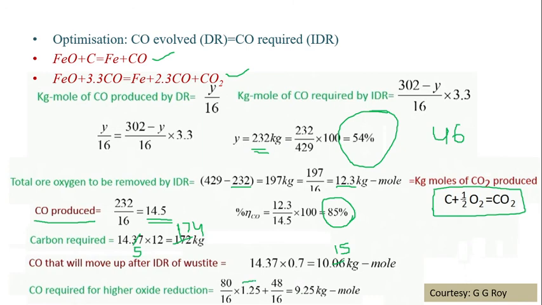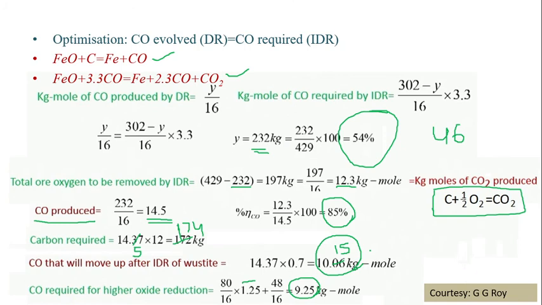Then 48 by 16 equals 9.25 kg mole. That means our requirement is only 9.25, but the direct reduction of wustite is giving us 10.15 kg mole. That means it is more than sufficient for the reduction of our higher oxides.